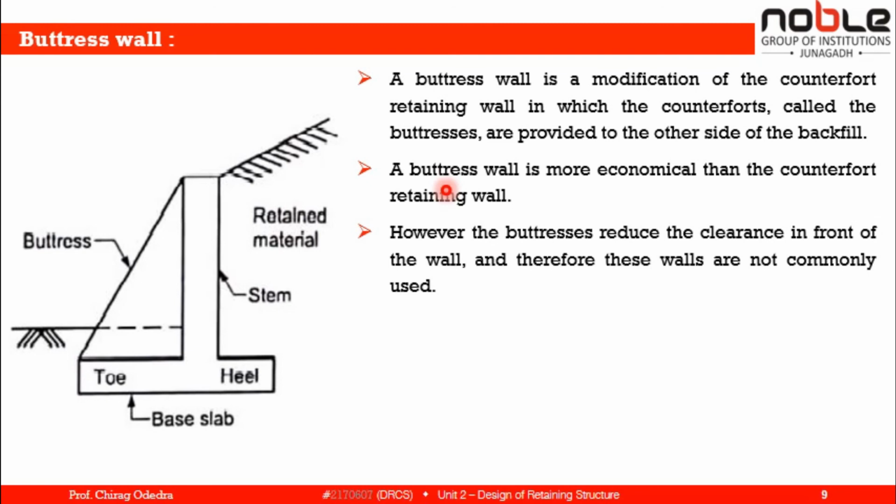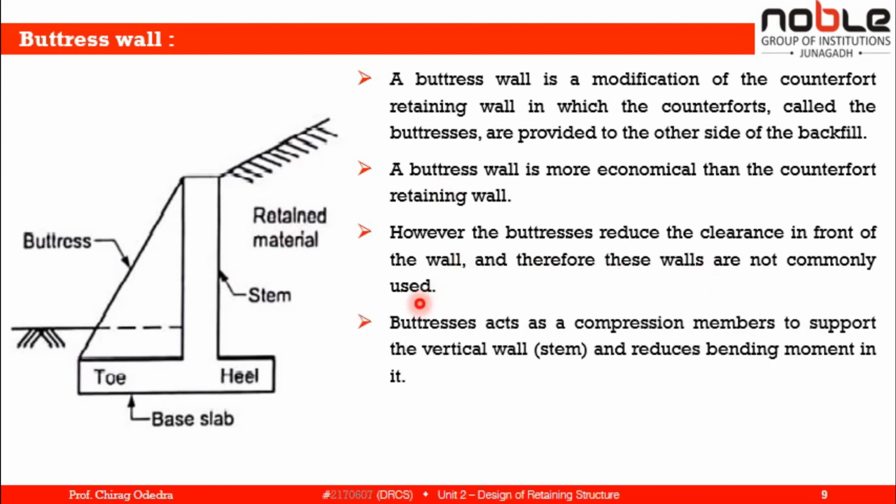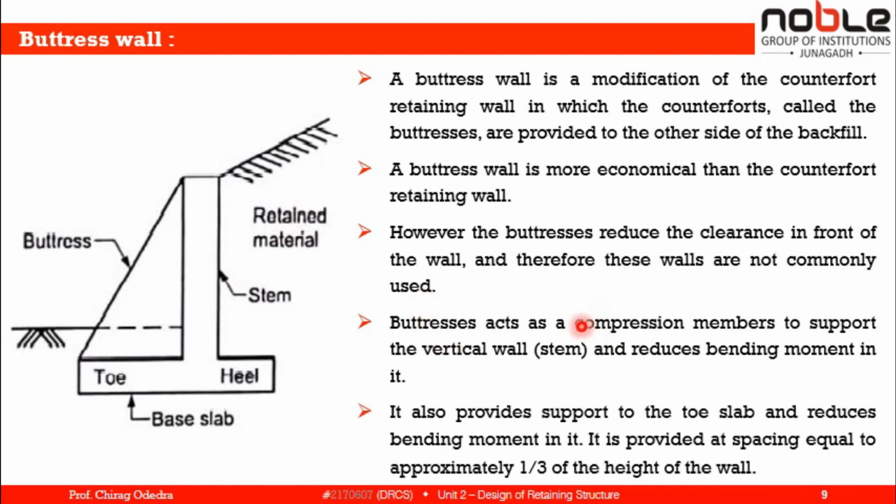However, the buttresses reduce the clearance in front of the wall, and therefore these walls are not commonly used. Buttresses act as a compression member to support the vertical wall and reduce the bending moment in it, and also provide support to the toe slab and reduce the bending moment in it. It is provided at a spacing approximately equal to 1 by 3 of the height of the wall.